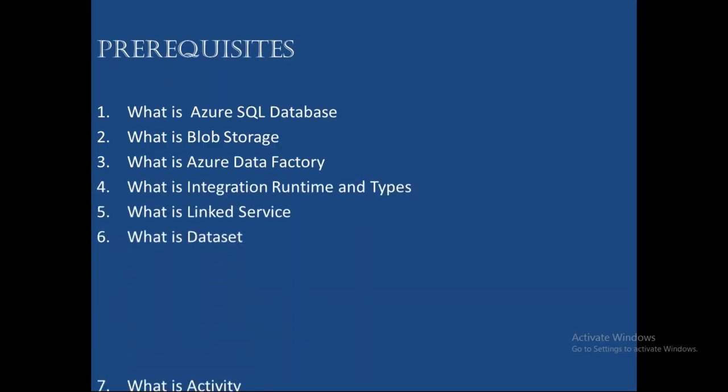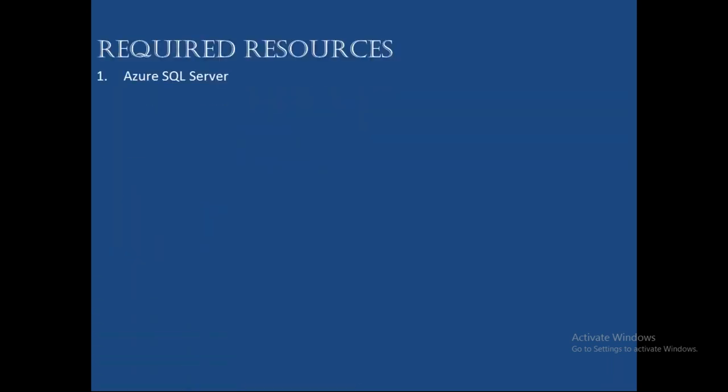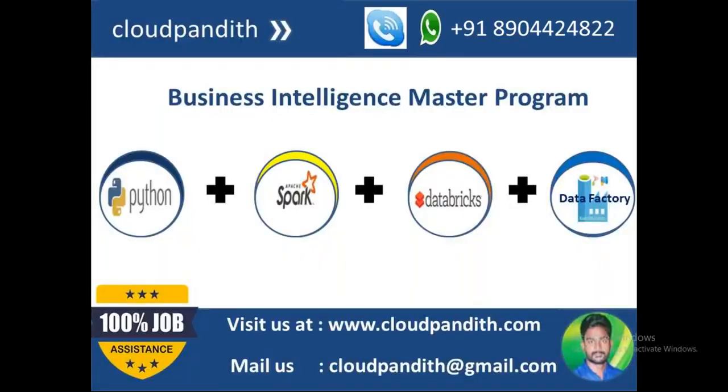Okay, linked service, data sets, activities, and pipelines. All these things we discussed in detail. We have good knowledge of all of this. So with this knowledge, we can do today's lab. Required resources: I'm going to create a SQL server, SQL database, blob storage, then Azure Data Factory V2. These are the 4 services, 4 resources, I'm going to create.